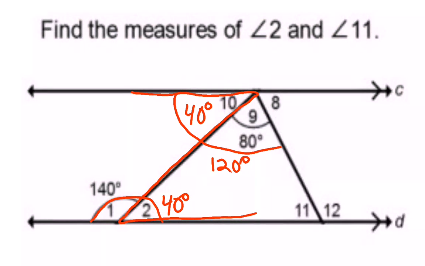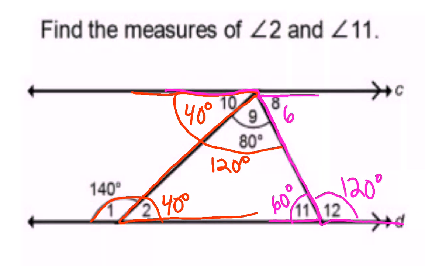and I do a kind of more elongated Z, then I have that angle 12 is 120 degrees, and angle 11 is 60, which we also know that means angle 8 is 60 because those are alternate interior angles.